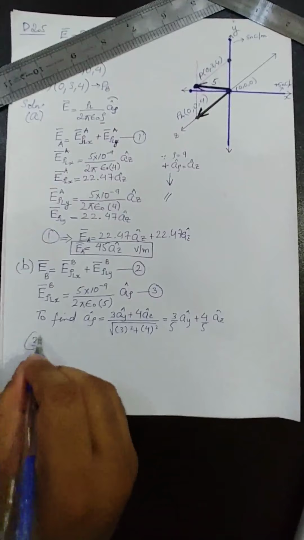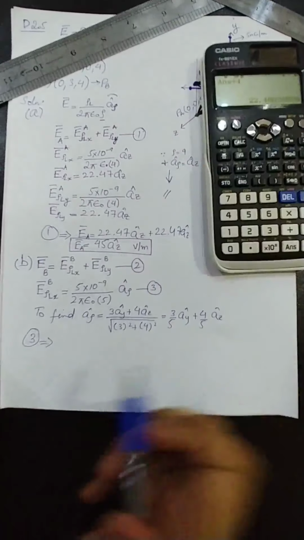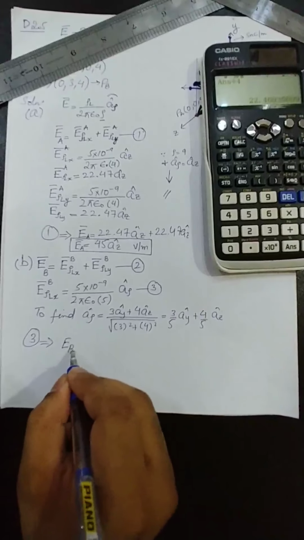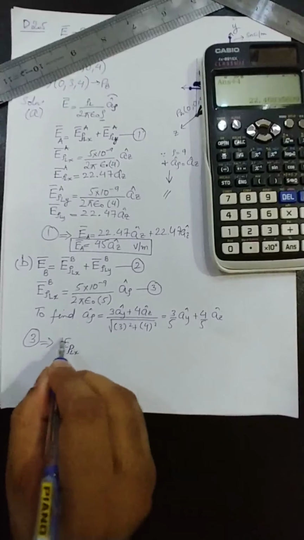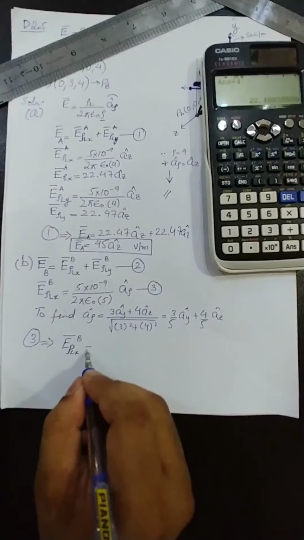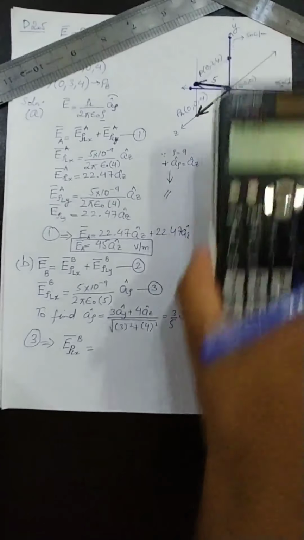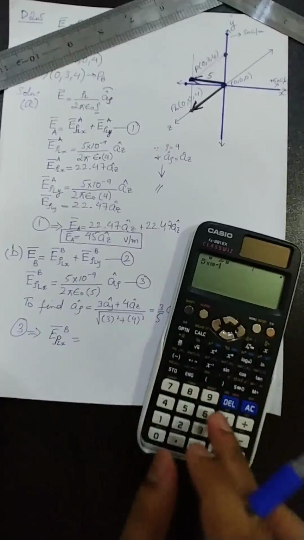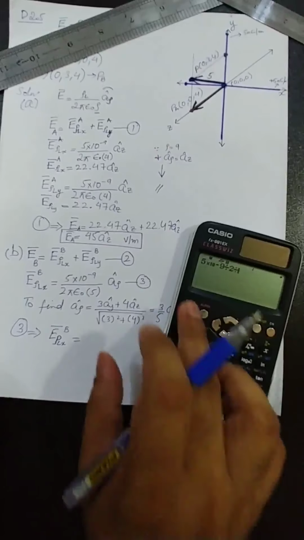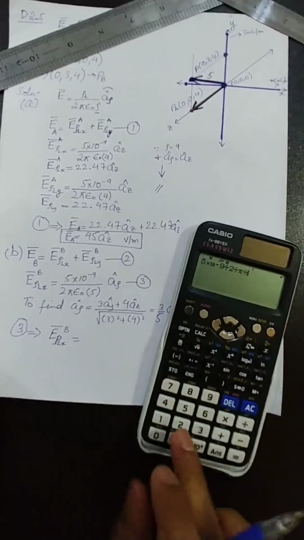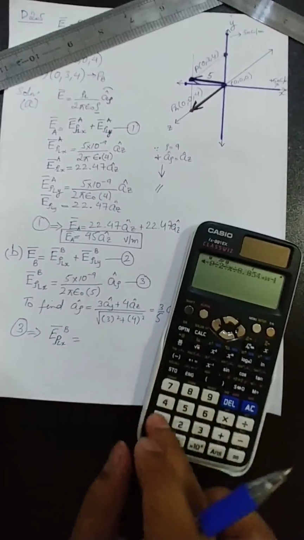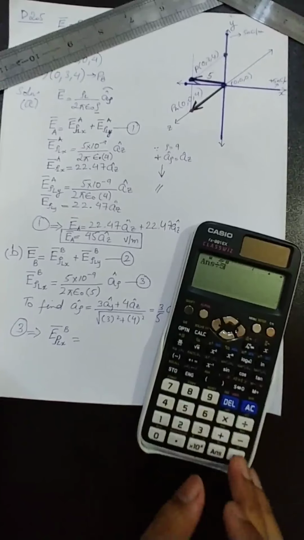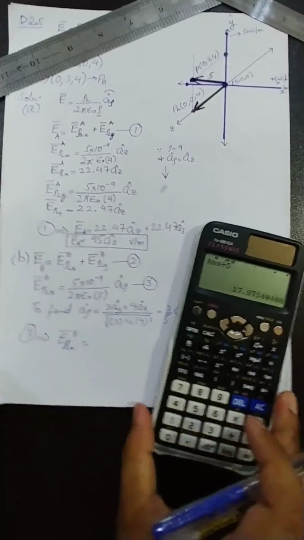So now from equation number 3, the contribution of electric field intensity due to rho L on the x-axis at point B is equal to, we can calculate this portion, 5 nano divided by 2 pi divided by 8.854 exponent minus 12 and divided by 5. So this is what we got, approximately 18.